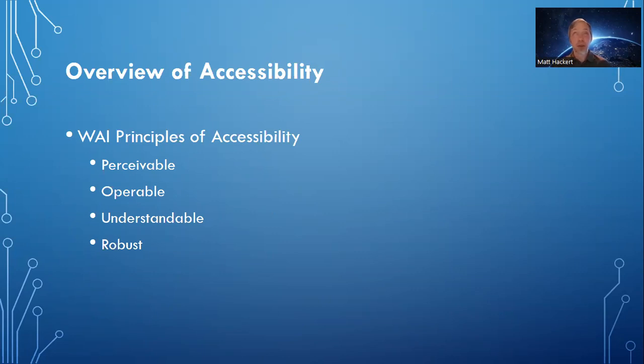So perceivable is fairly self-explanatory. It's just, can the information on a web page or in an application be read or understood? And I'll limit that to actually just saying read, because we'll come back to understood in a moment. That question itself is more binary in most cases.